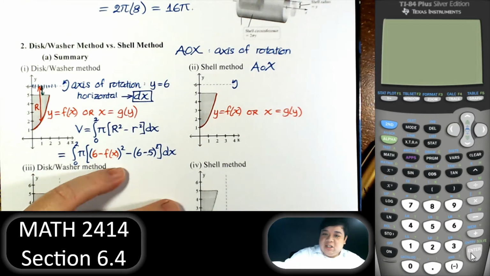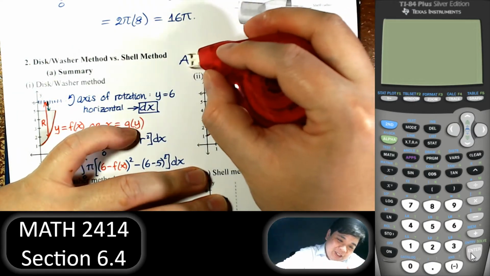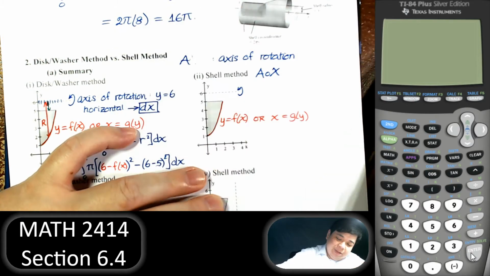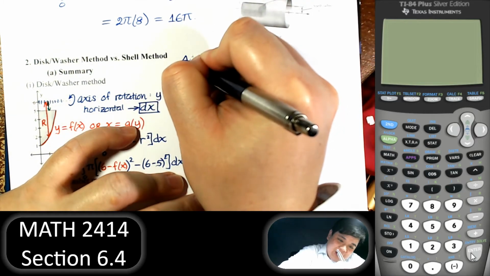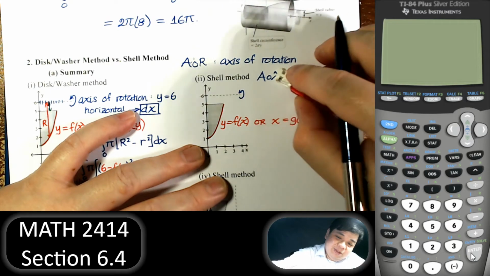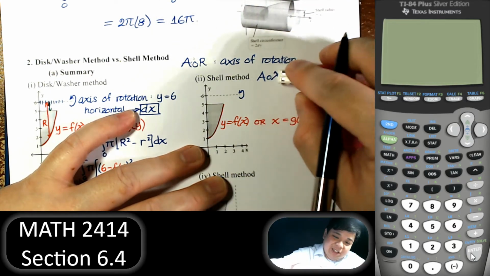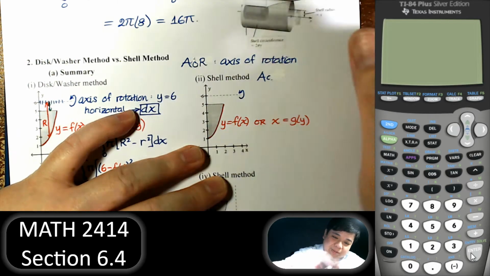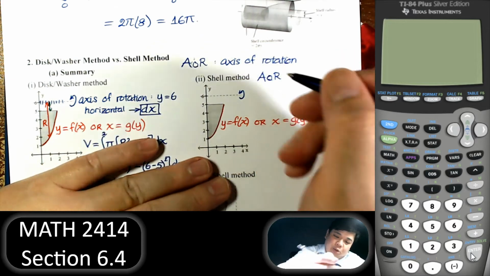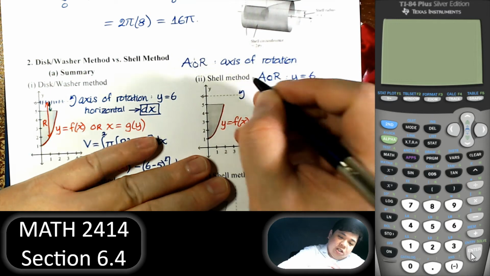I can't even spell it right. So that's how we abbreviate it for now. The axis of rotation is y equal to 6, which is horizontal.